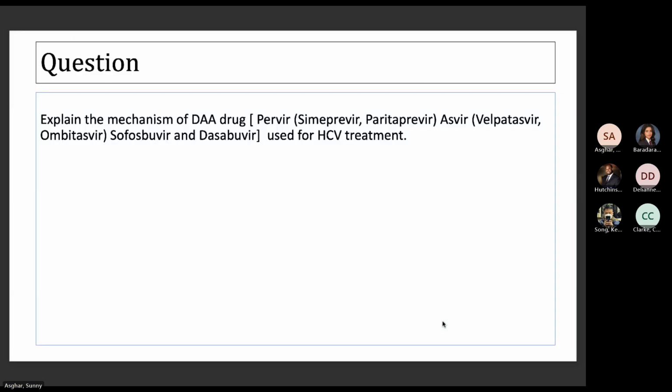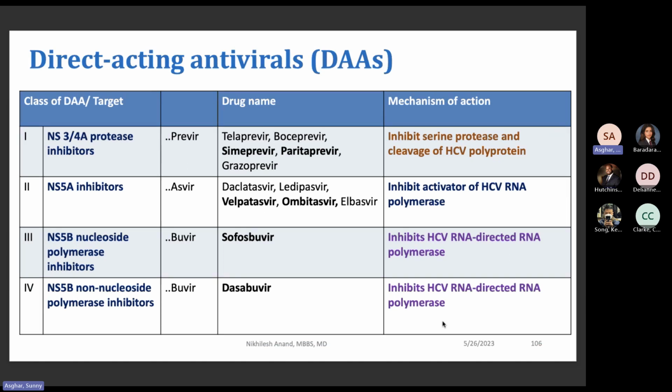And then we're just gonna do antivirals, same things. This one was a good way to remember your antivirals that we had. Your Previrs, right? Notice the drug names, most of them will have the same suffix, or sometimes a similar prefix, but mostly the suffix is Previrs. Previrs target your 3,4-A protease inhibitors.